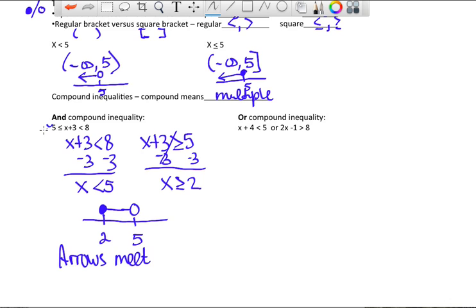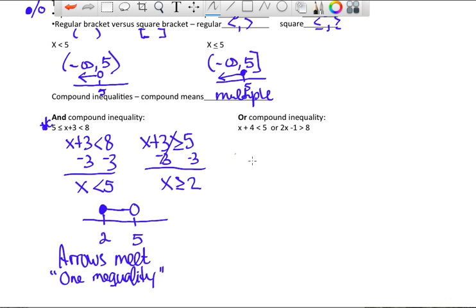Okay, an AND inequality can be written as one inequality. I'm sort of contradicting myself. What I mean with that is that it can be written all in a row like this. An OR inequality has to be given to you split.